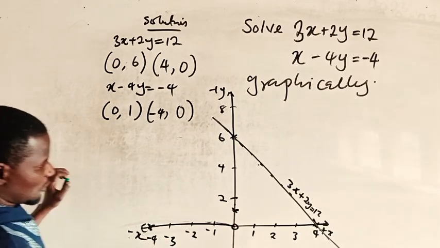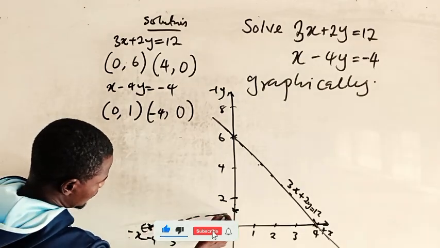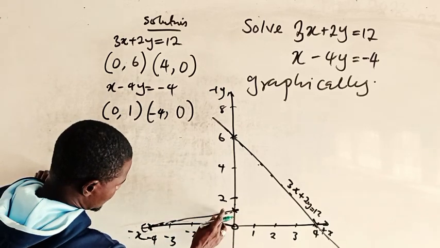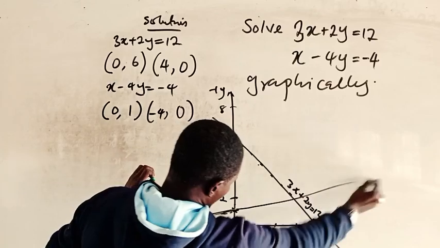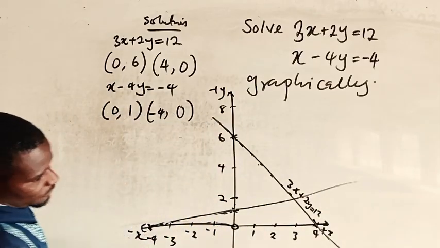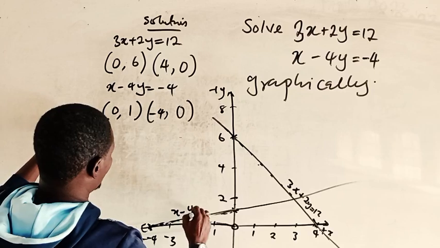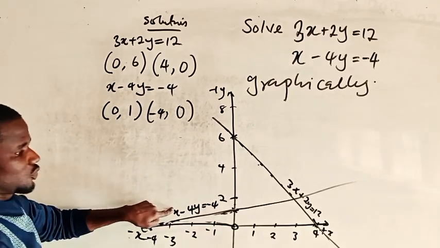So from here, we draw another line to join this one, and from here, take it straight. Now, this is the other equation, which is x minus 4y equals to minus 4. This is equation 2, that is the second line.